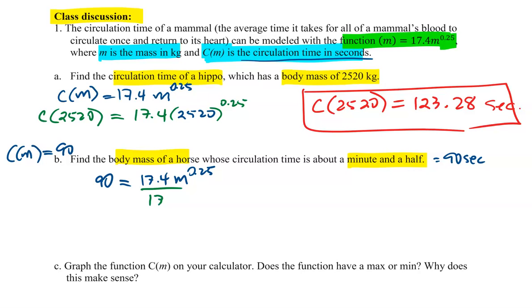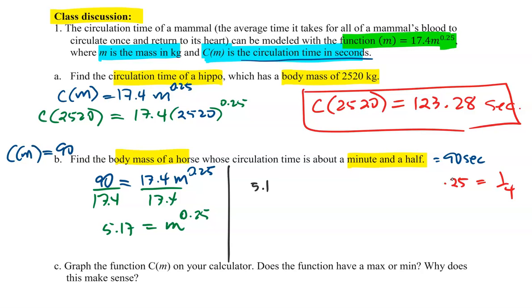Then if we divide by 17.4, that is 5.17 is equal to m raised to 0.25. Just to recall that 0.25 is the same thing as 1/4. So you can rewrite this as 5.17 is equal to m raised to 1/4.